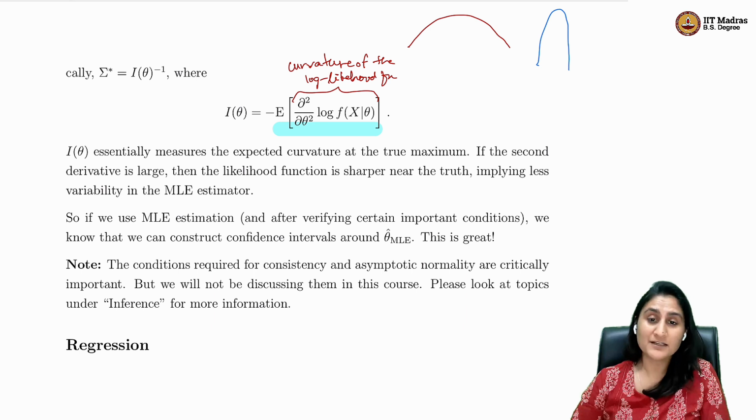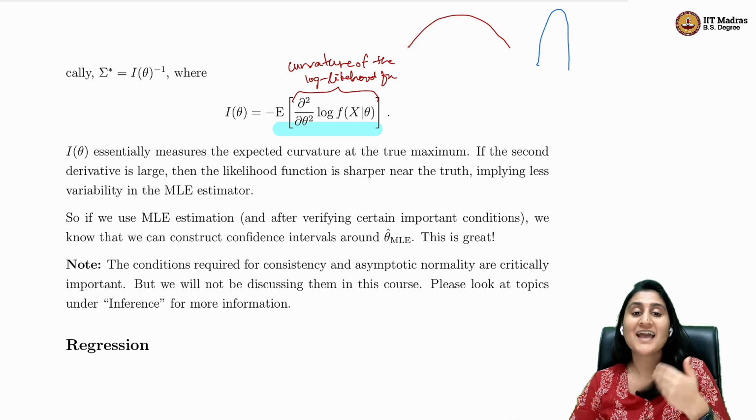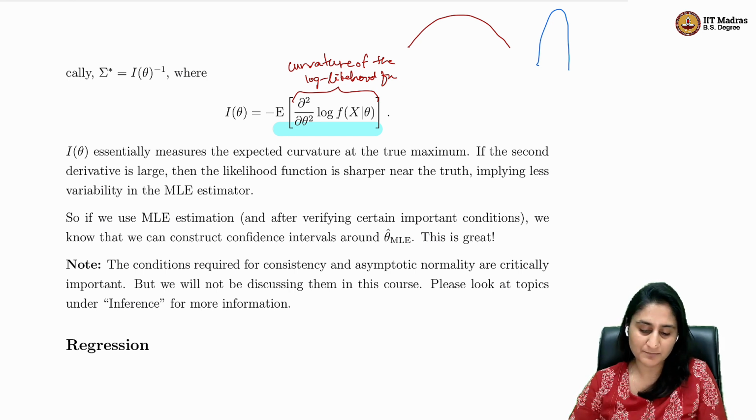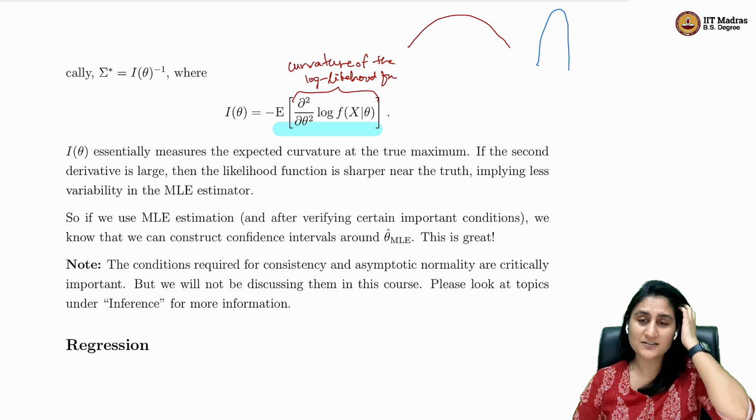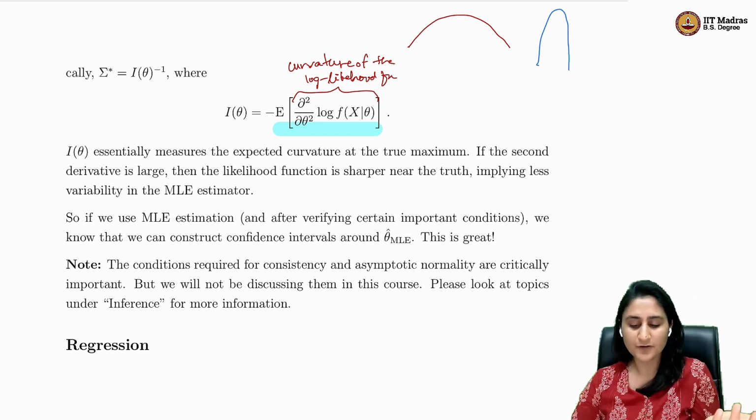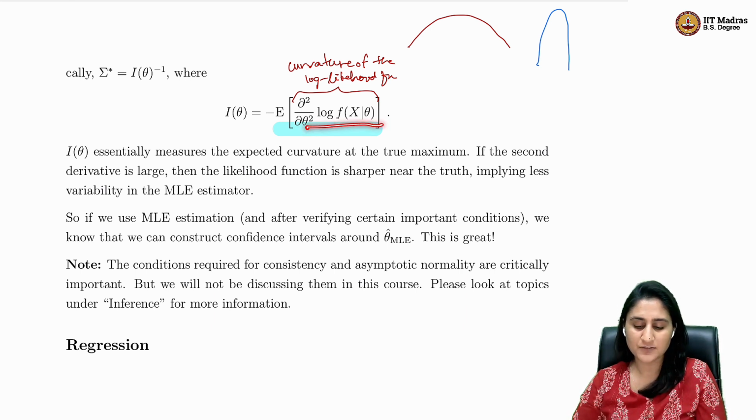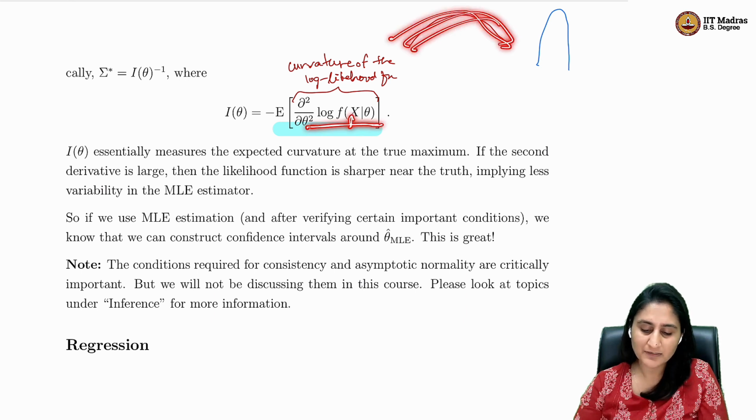But it's not just the curvature for any one given data point, it's the expected curvature. Because like we discussed in the last video, the likelihood function is a random quantity because the data that we are getting is also random. So if X is random, then this is a random quantity, which means we typically get multiple likelihoods.